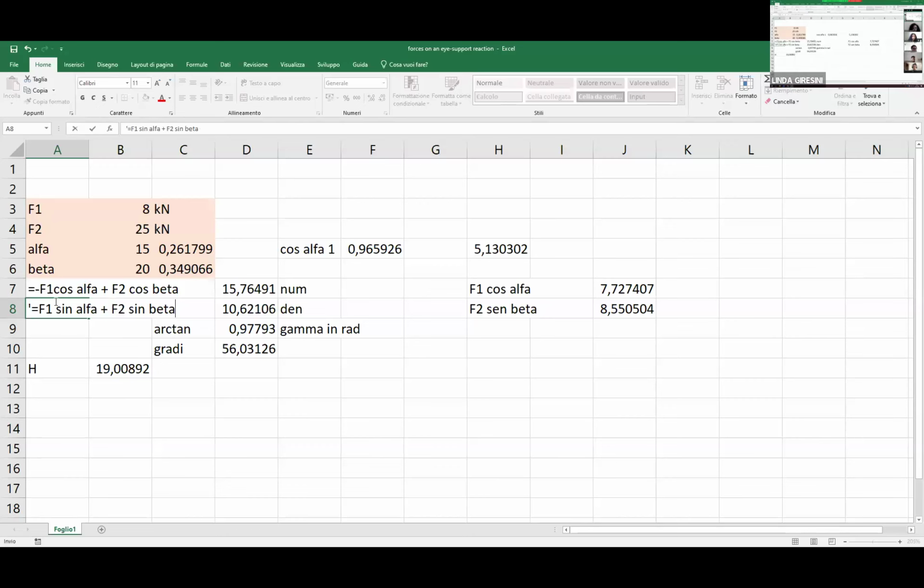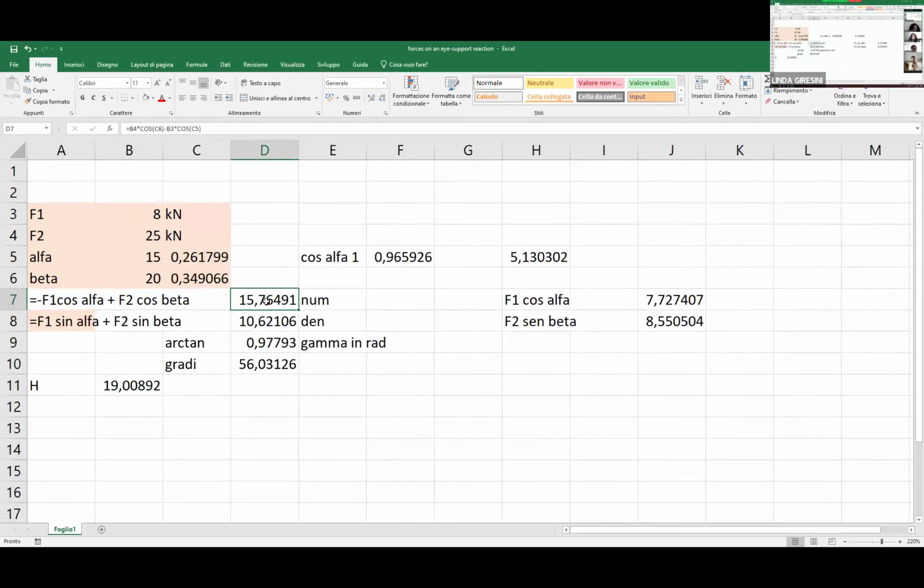Okay? So this is the denominator. And so here, in this position, you just copy before, which is F2 cos beta. This is inverted, minus F1 cos alpha. This is the numerator, and this is the denominator. So F1 sin alpha plus F2 sin beta.